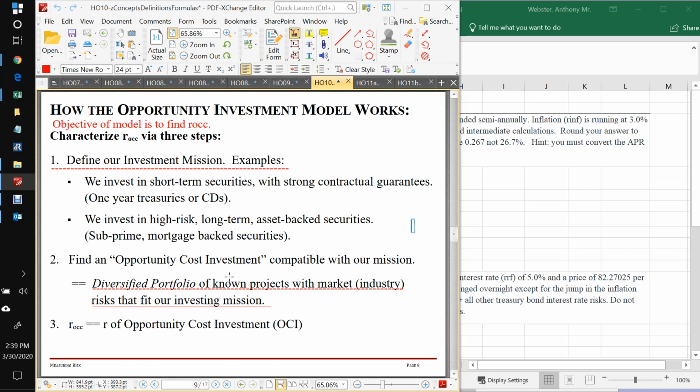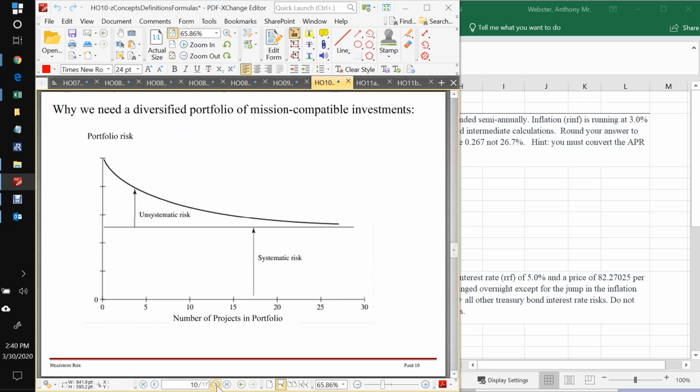And once we know that, this is a really great thing, because all we have to do is estimate the native R, interest rate or discount rate, for our opportunity cost investment, and that is our opportunity cost of capital. So that's how this model works. We need to know our mission. We need to find an opportunity cost investment compatible with our mission, and then we need to estimate the interest that we'll earn if we invest in that mission, and that's called our opportunity cost of capital.